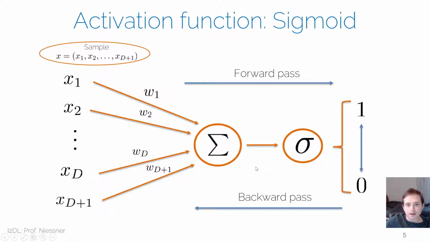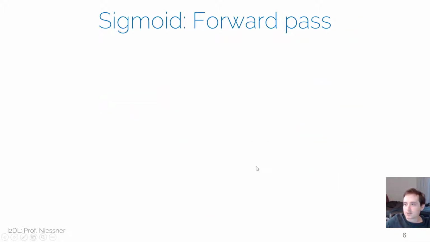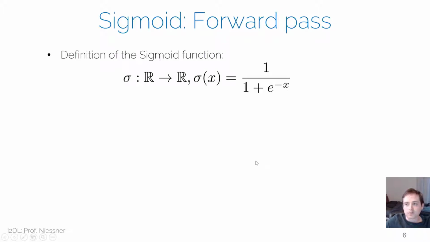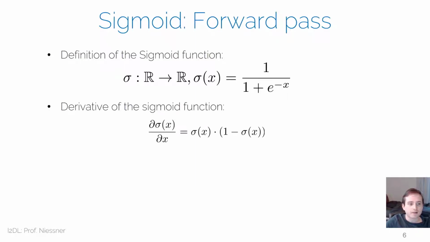And let's see what happens in the forward pass then. So this is the formula for the sigmoid function, which you've all seen already. And just a mathematical fact that this is the derivative of the sigmoid. This is just something you have to write down, do it on paper, and see that you can derive the top here and get to this expression.